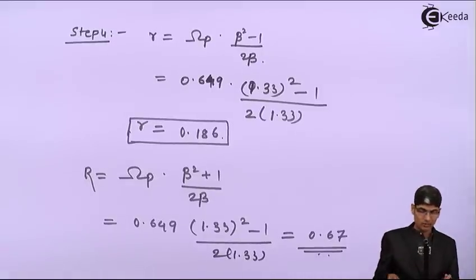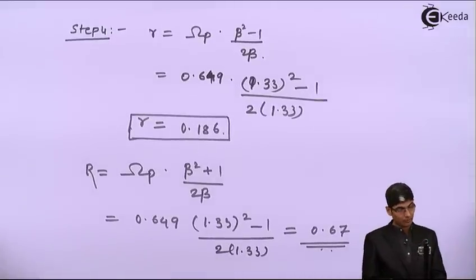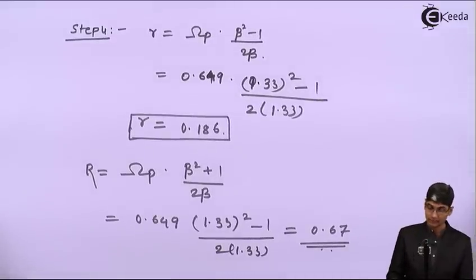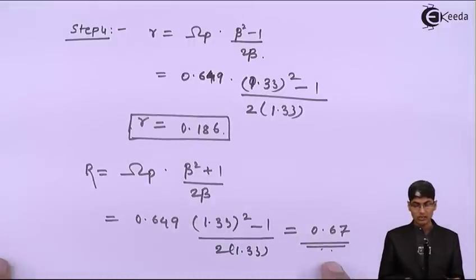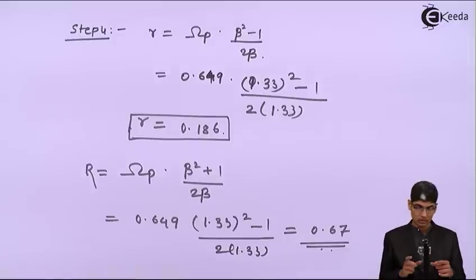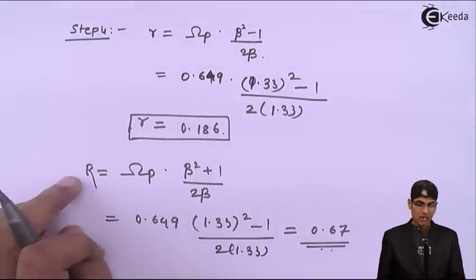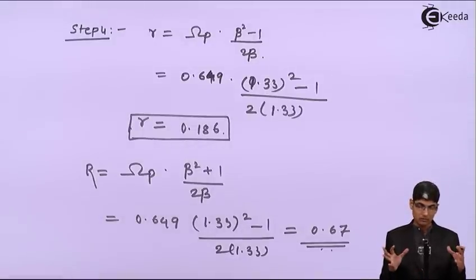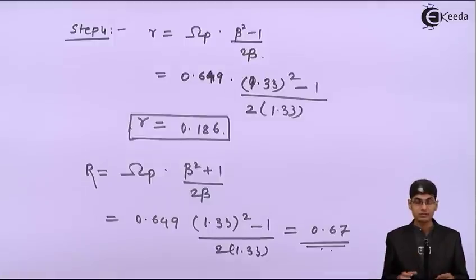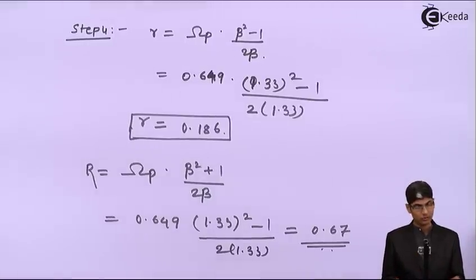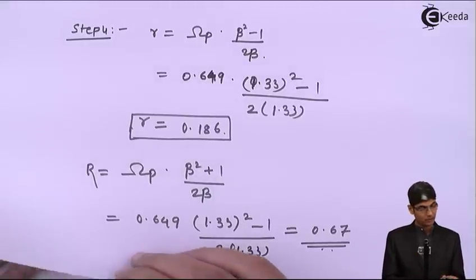So now small r is 0.186 and capital R is 0.67, which is very close to 1. It should be above 1 or very close to 1. The ellipse will be more elongated if r is higher, and it will be more towards a circle if it is less. Okay. So now this is my capital R and small r.